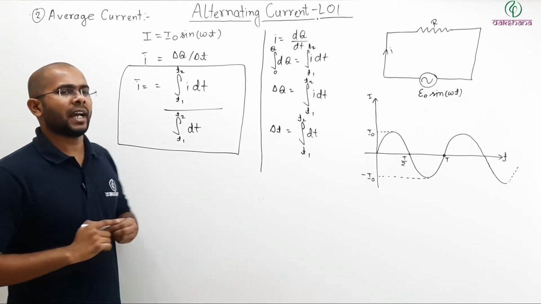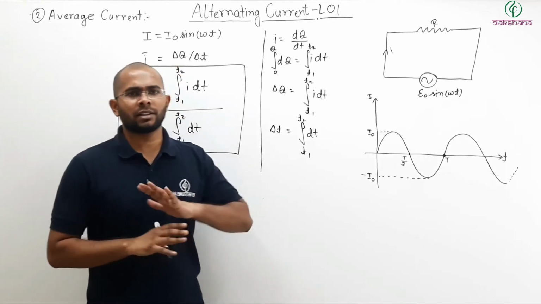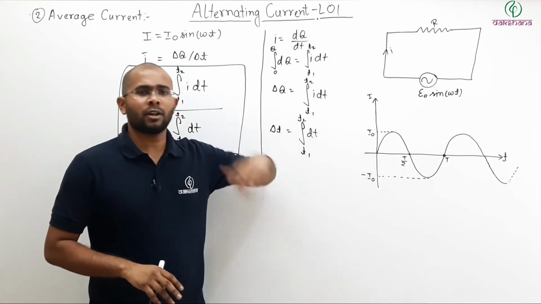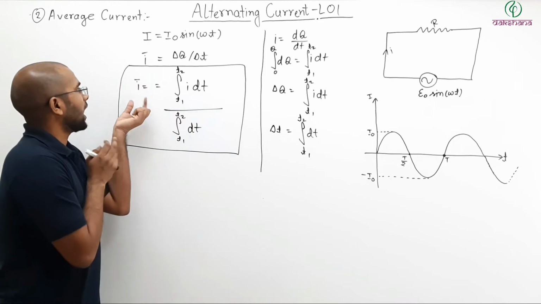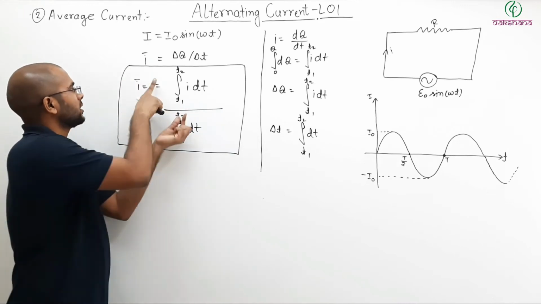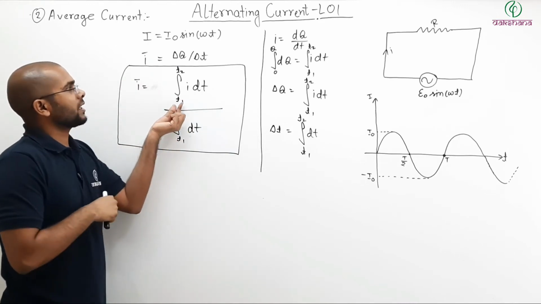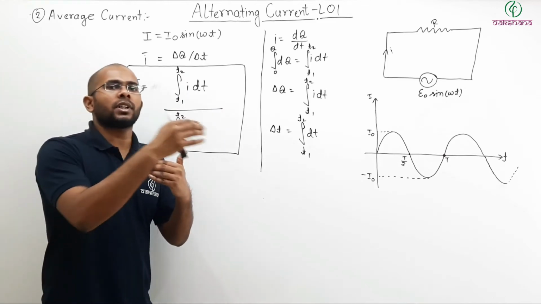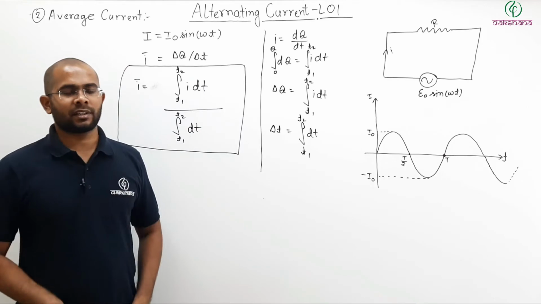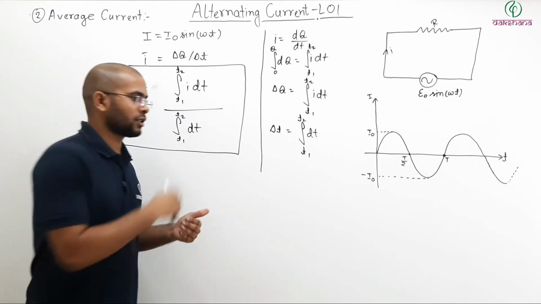So if you want to find I average under any graph, it does not matter whether it is AC or any other kind of graph, I average is nothing but integration T1 to T2 of I dt, divided by integration T1 to T2 of dt. What is T1 to T2? Whenever average is asked, they will give you a time period, for example, 3 to 5 seconds or 7 to 10 seconds or 0 to 10 seconds.